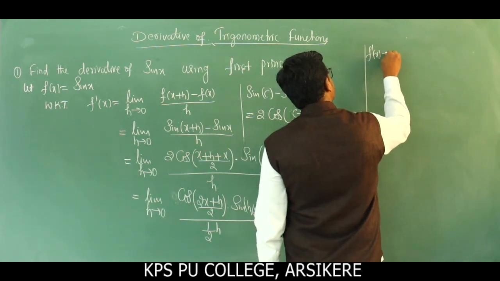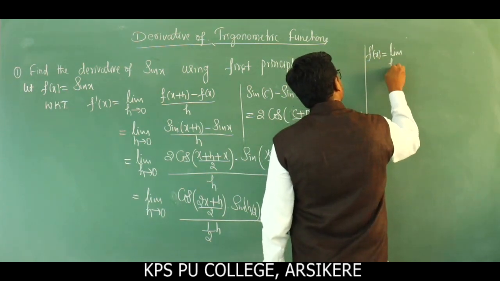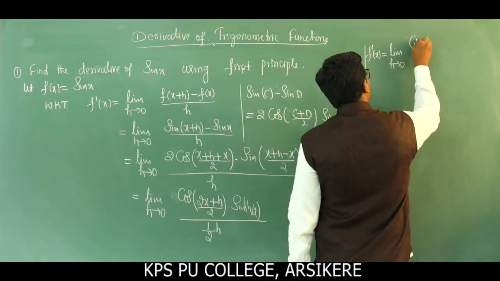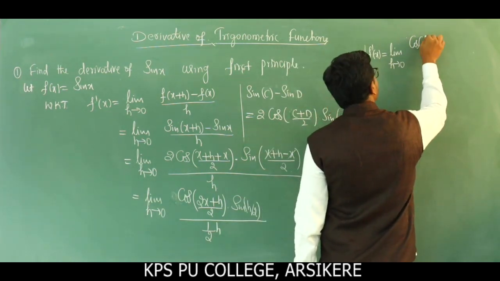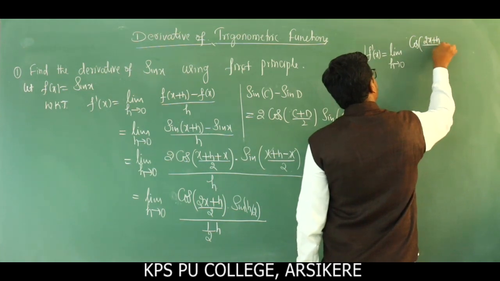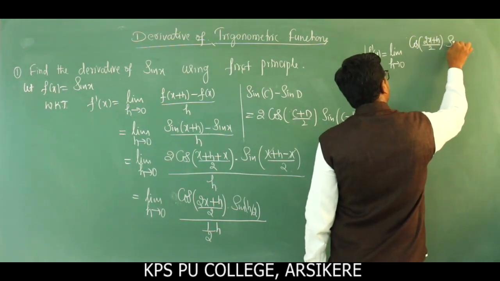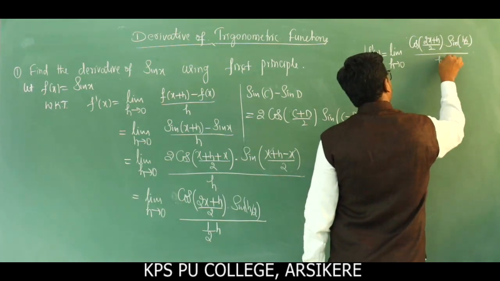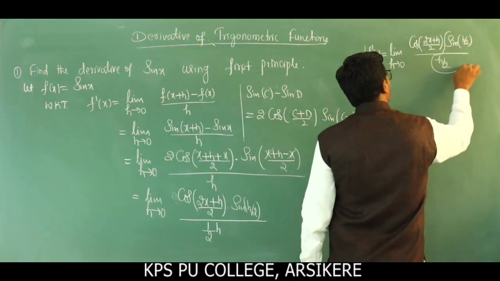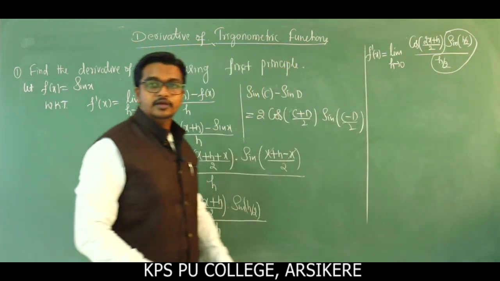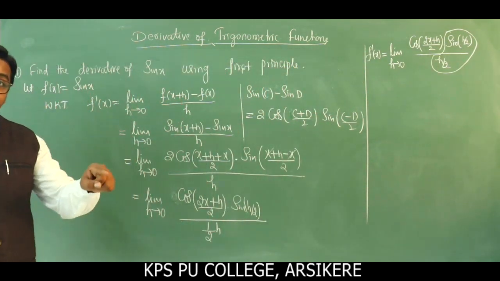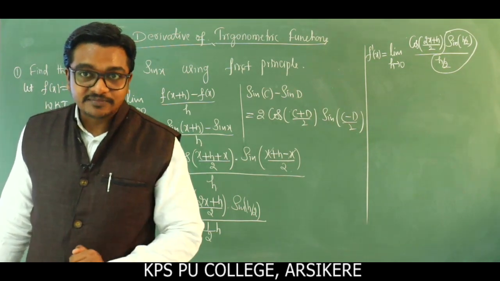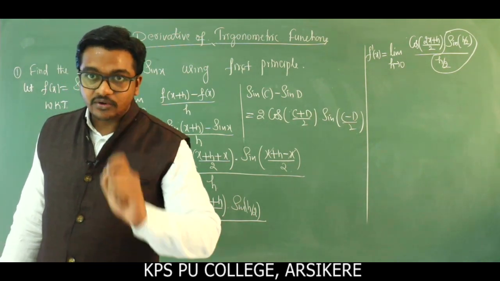Next simplification here, f dash of x is equal to limit as h approaches 0 of cos of 2x plus h divided by 2 into sin of h divided by 2 divided by h by 2. If I group this term as a single term, this is just like limit as x approaches 0 of sin x divided by x, and that formula is equal to 1.